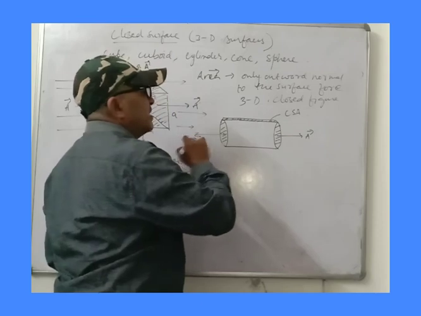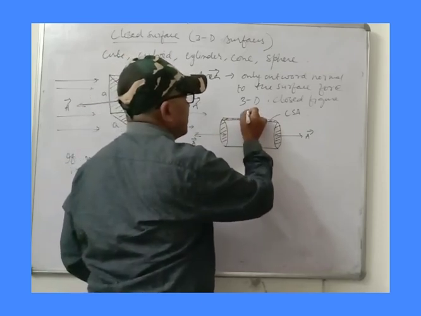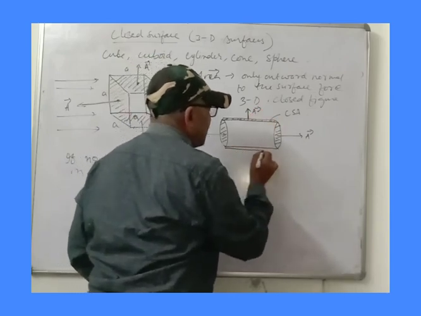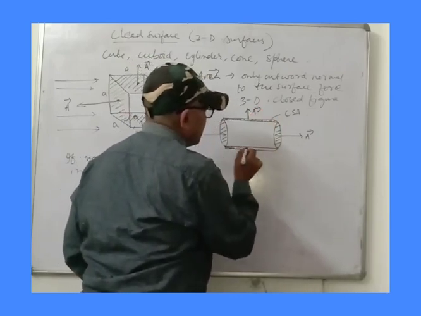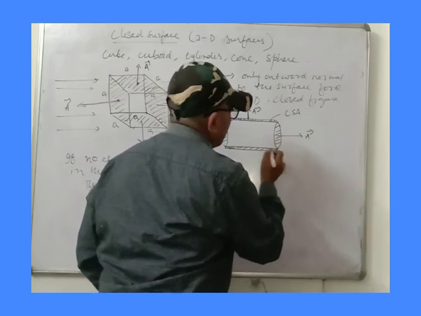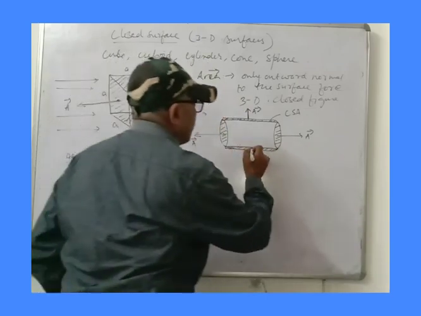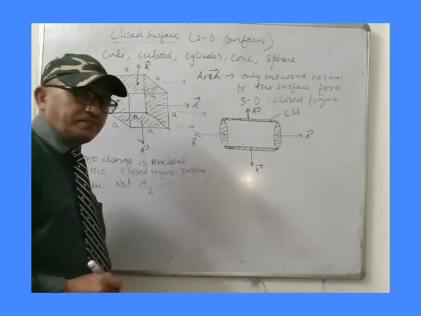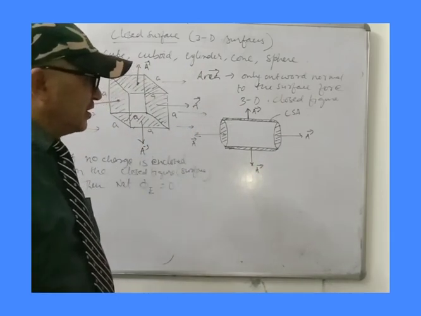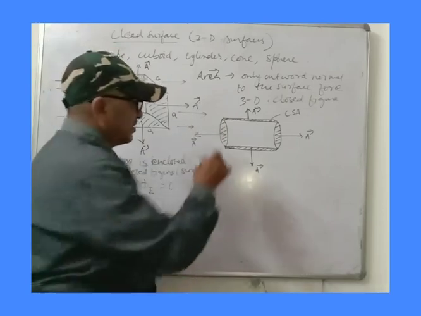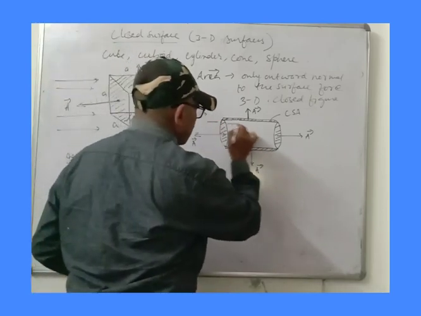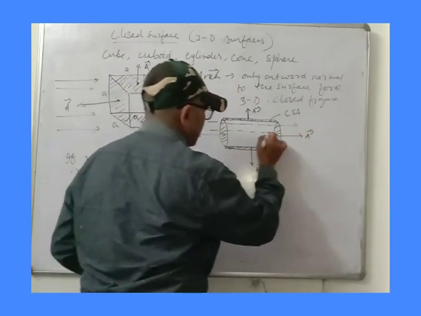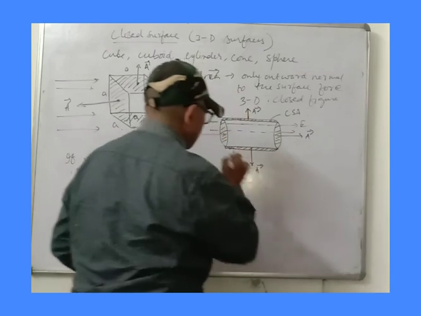On this area the area vector will be normally outward, and even in this area, suppose this is the curved surface area shown by this shaded region, over this area the area vector will be normally outward. Okay, now imagine electric field lines are crossing like this, electric field lines.